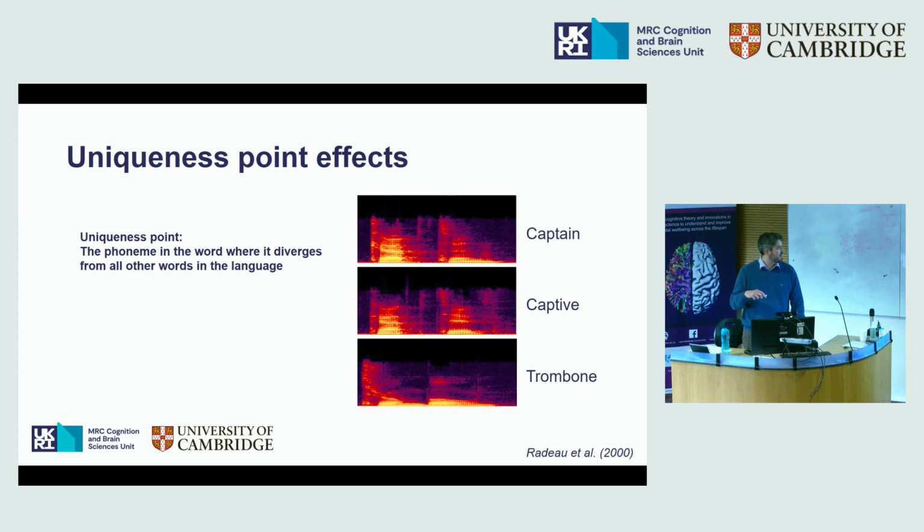If you have two words, captain and captive, the uniqueness point is quite late for them, and for another word, trombone, it is quite early, because the only word in English, I think, starting with trombone, is trombone. And then human listeners recognize the early uniqueness point words earlier than the late uniqueness point words, and this depends on speech rate.